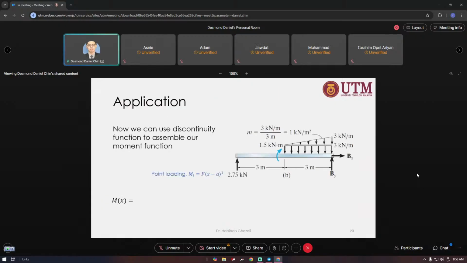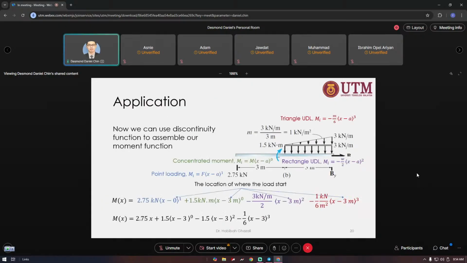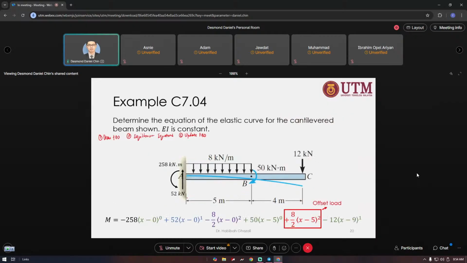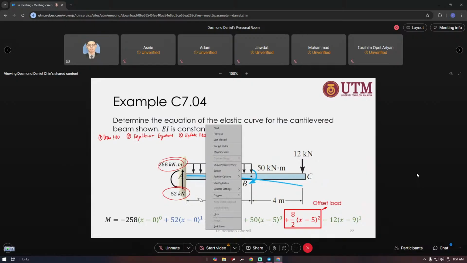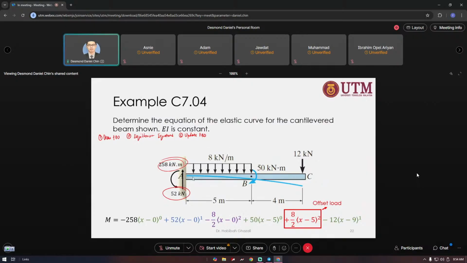Okay, remember that. So in this case, I don't have to update because the free body diagram is already completed with all the updated values. So step 1, step 2, and step 3, I can skip directly. So I don't have to waste my time doing it again. So I can go for step 4.